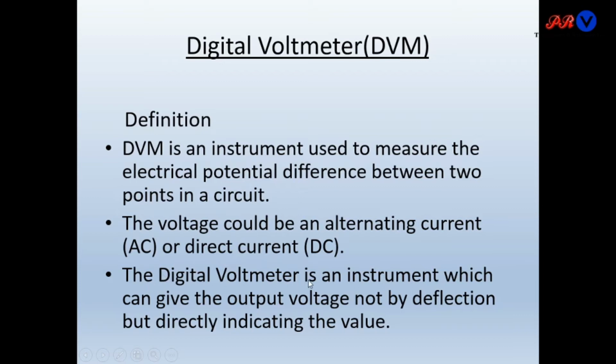The digital voltmeter is an instrument which gives the output voltage not by deflection, but by directly indicating the value. As we saw in earlier topics, PMMC and EMMC were deflecting type instruments, but a digital voltmeter indicates the measured value directly, not by any deflection. So this is digital voltmeter.